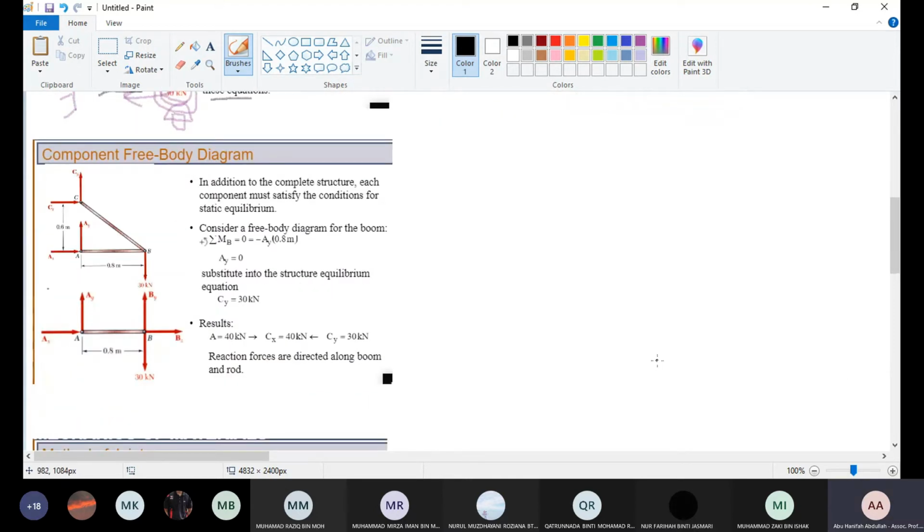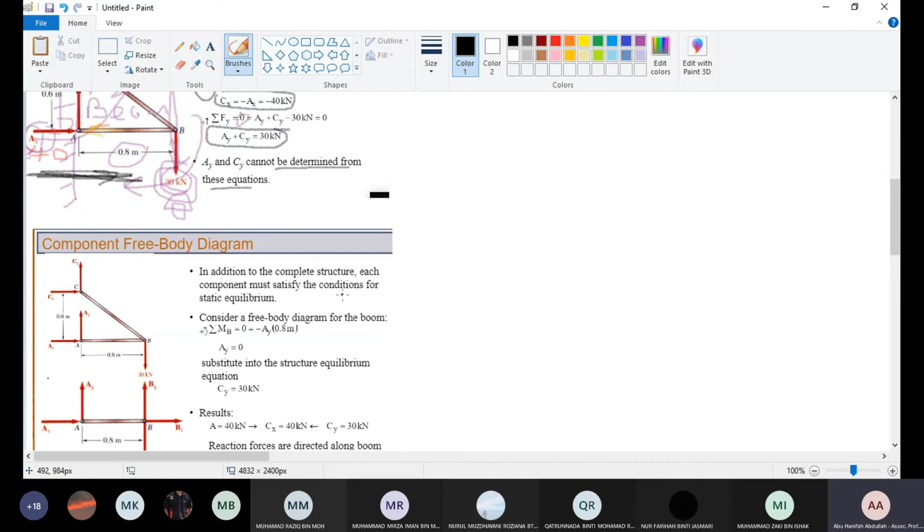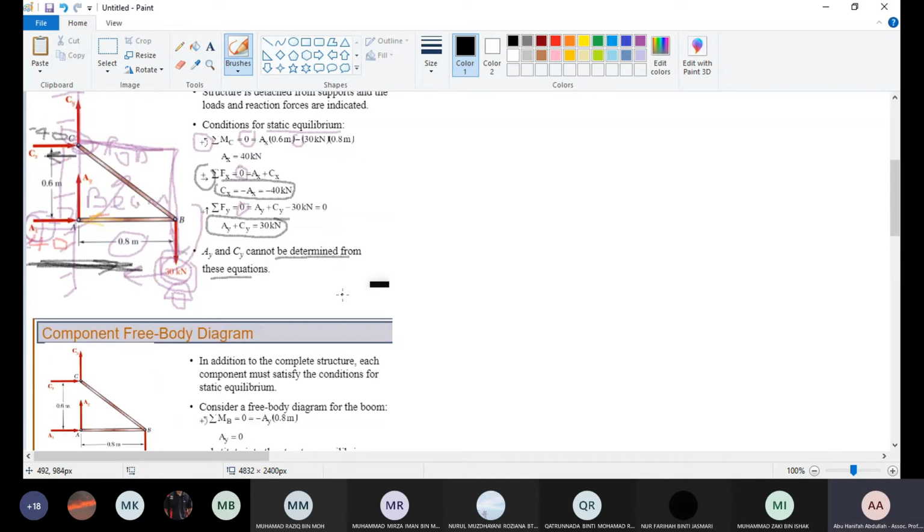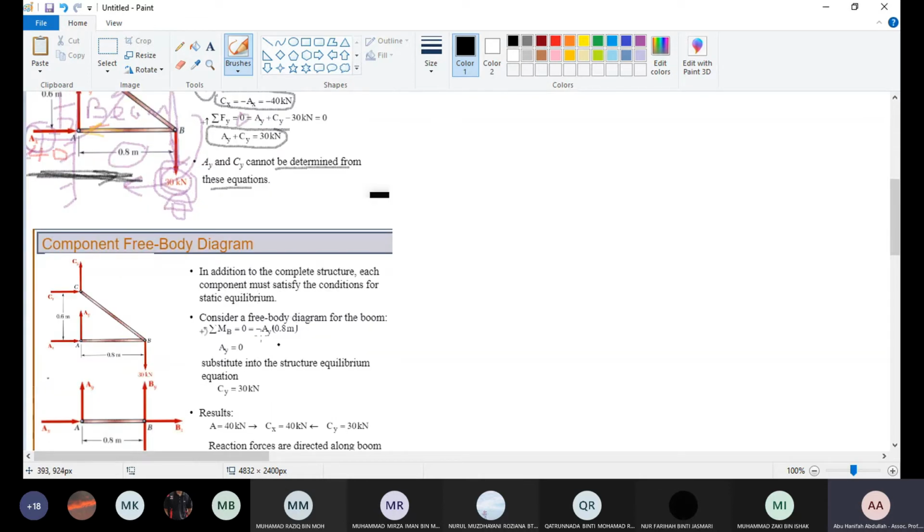We choose another point. We have chosen C for moment. Now we choose another point, B. Taking moment about B, who can act at B?